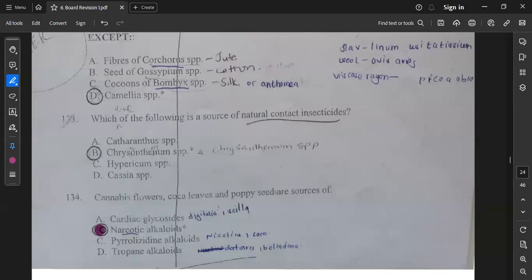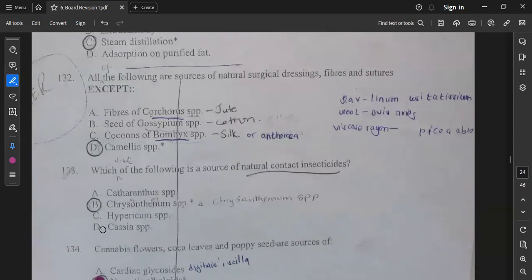132. Please scroll down. All the following are sources of natural surgical dressings, fibers, and sutures, except the fibers of Corchorus, seeds of Gossypium, cocoons of Bombyx, then Camellia. Again, either you know or you die.